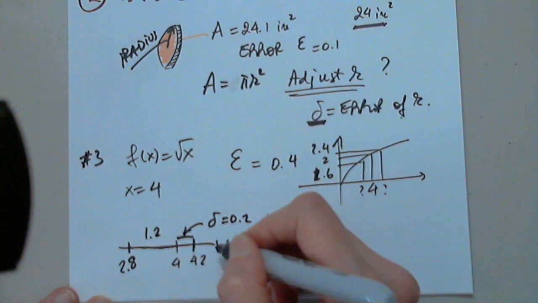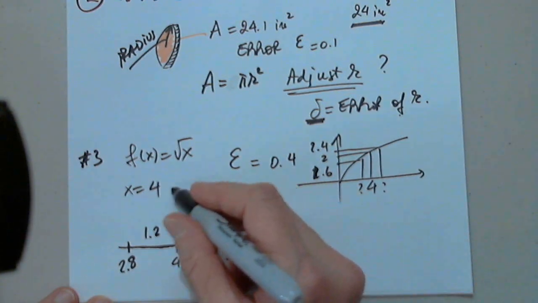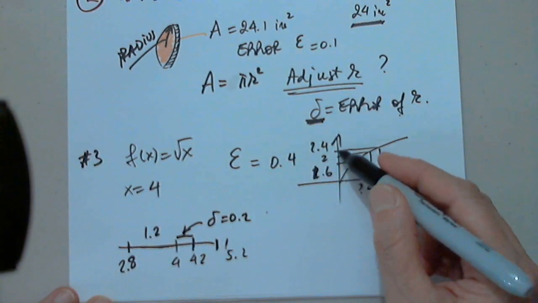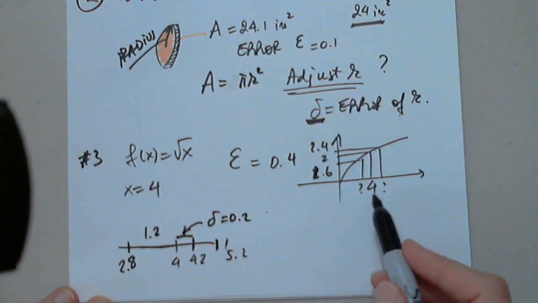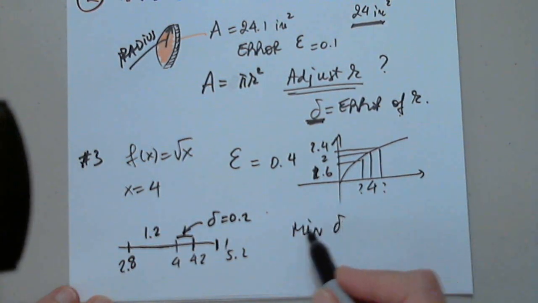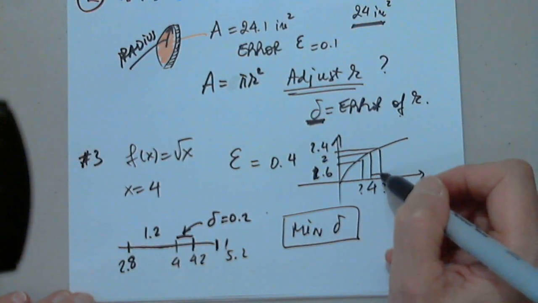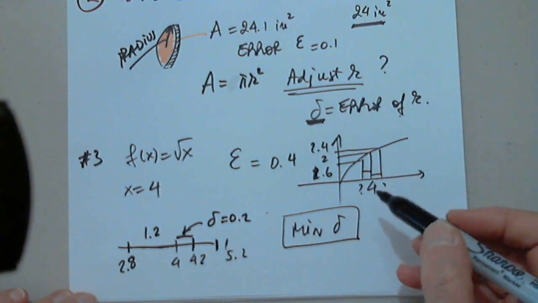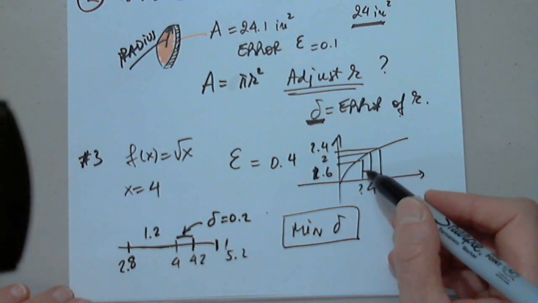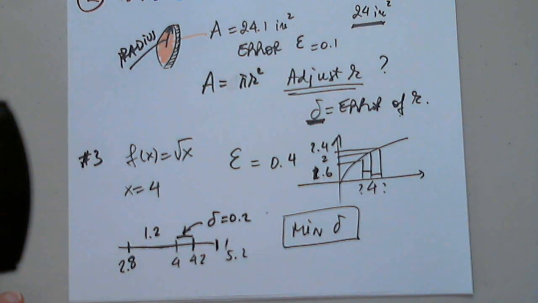If I choose x to be 5, it will be outside of this interval. So we always have to choose the minimum delta, always. If this is bigger, then I have to choose this distance. Okay, perfect.